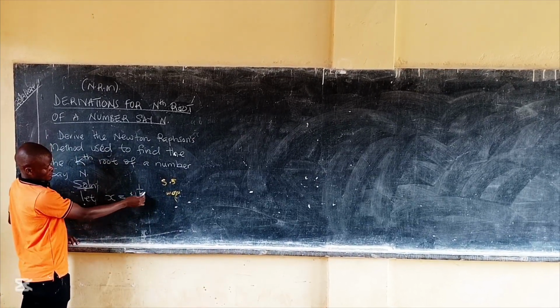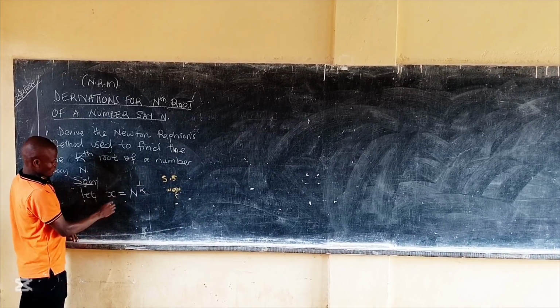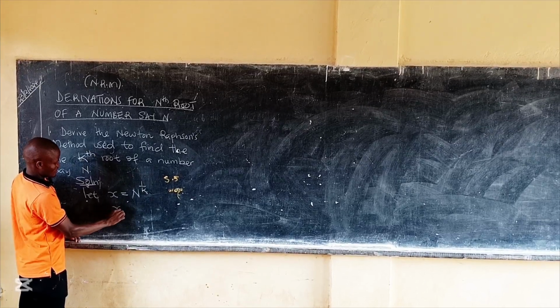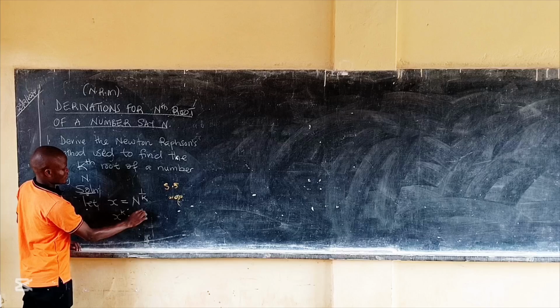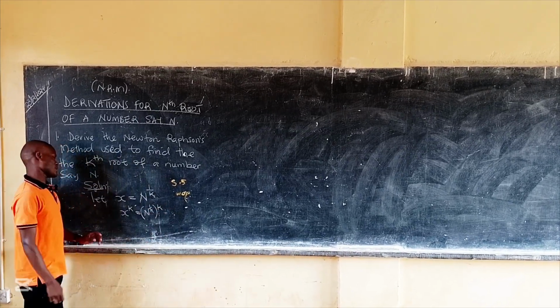What we do, we want to get rid of 1 over k, the reciprocal power. So we can start by powering k on both sides. So here we are going to have x power k, giving us n to power 1 out of k, but here power k.